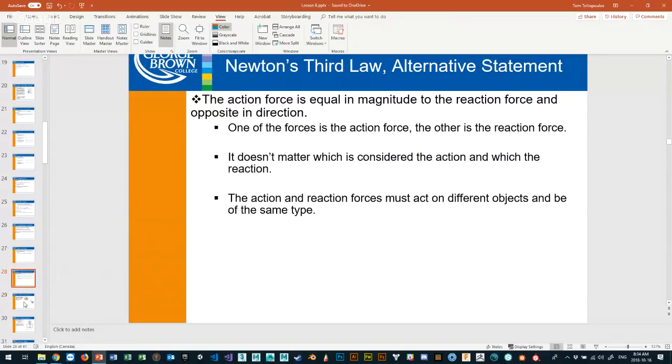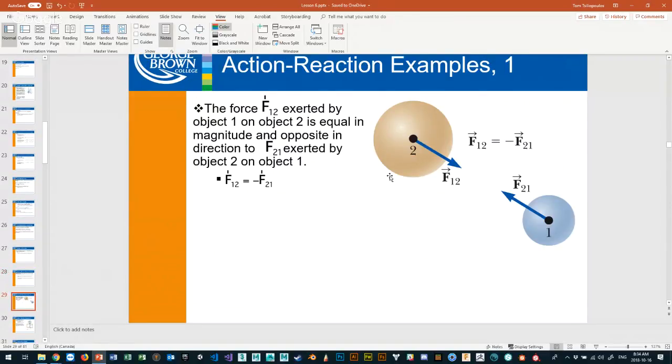There's another way of saying that that's probably a little better than I just said it. So you have this idea of these two objects exerting force on each other. I have object 1 with force F21, and object 2 with force F12, and they're kind of going this way, and this one's going this way.